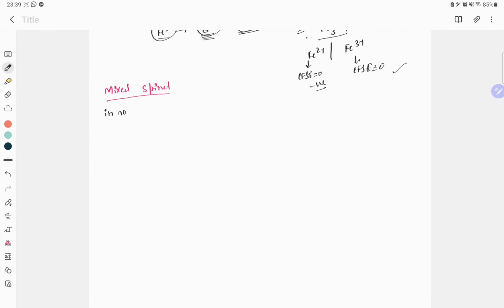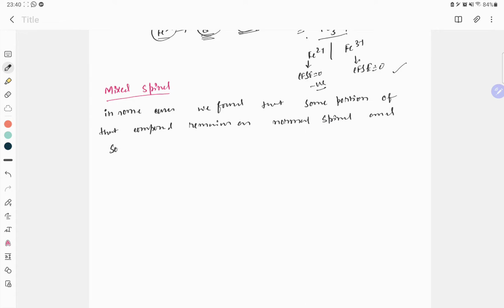In some cases we found that some portion of the compound remains as normal spinel and some portion is inverse spinel.